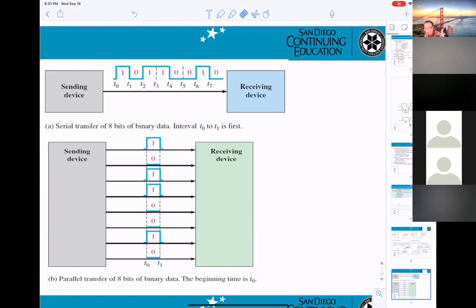Parallel data requires 1 bit for 1 wire. So now you can see 1, 2, 3, 4, 5, 6, 7, 8 bits. If you want to transmit 8 bits, you need 8 wires. If in your house the phone used parallel data, you wouldn't have room to put the wires. That's why it must be serial.